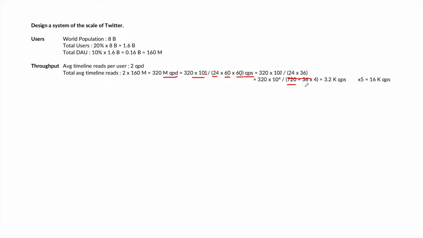We need to save time for an interview and we just need an approximate number. So 720 plus some number, we can just round it off to 1000. 1000 would be 10 to the power of 3. So 10 to the power of 4 divided by 10 to the power of 3 would be simply 10. So we are looking at 3200 requests per second, which would be 3.2k queries per second.